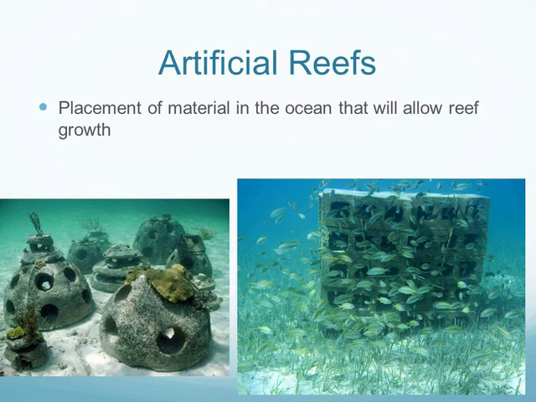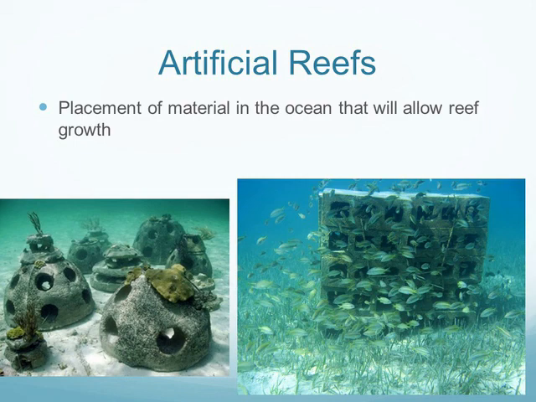And then in the ocean, so that was on land, in the ocean you can have artificial reefs, and this is where they place objects that allow the reef to grow and allow habitats to form for other species like the fish.